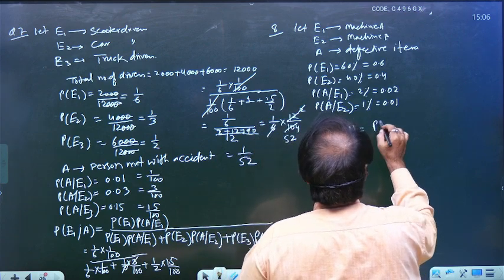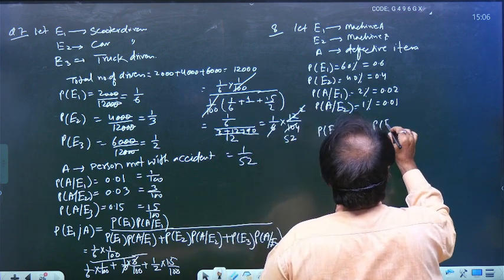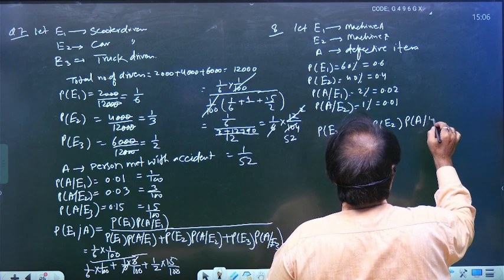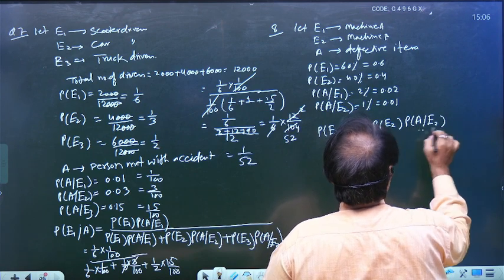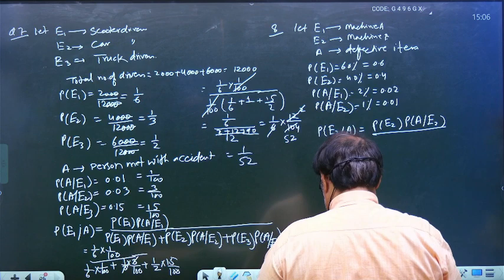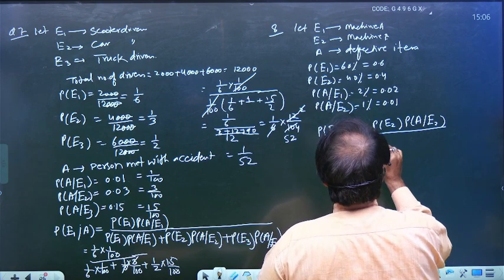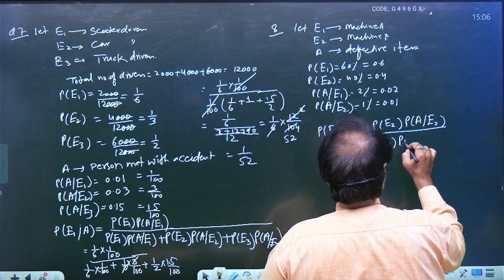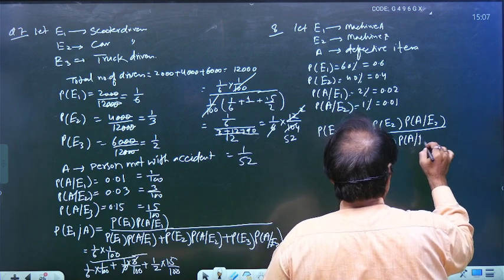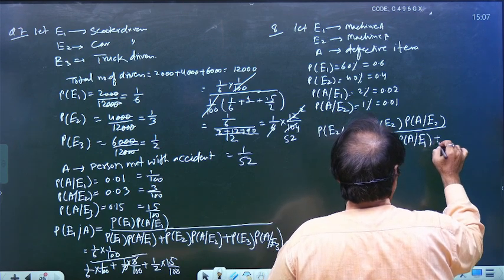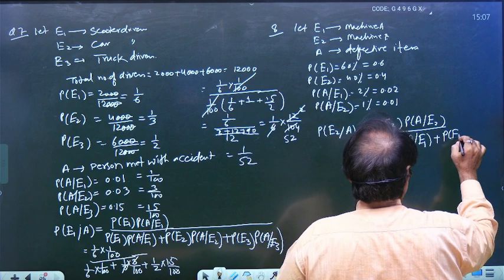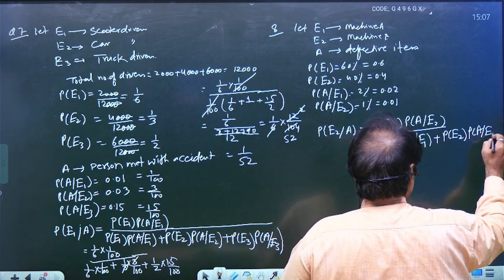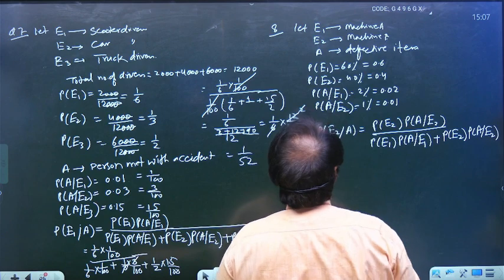So probability of E2 into probability of A by E2 divided by probability of E1 into probability of A by E1 plus probability of E2 into probability of A by E2. Now put all the values.